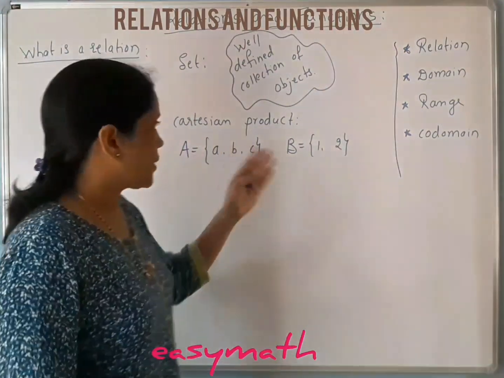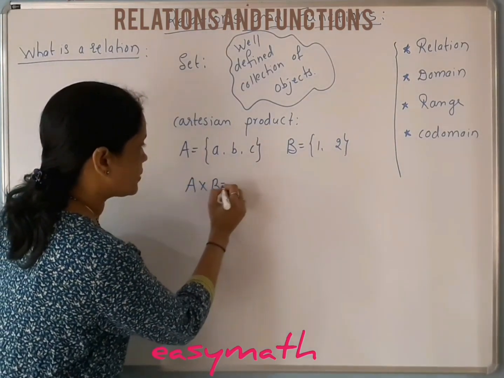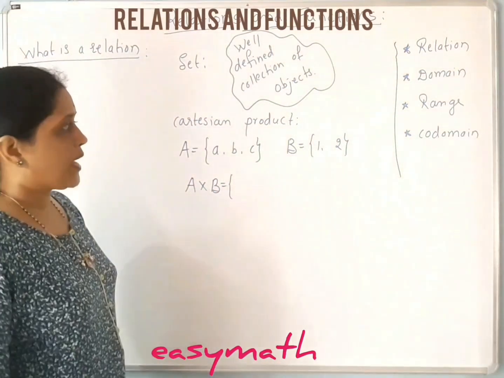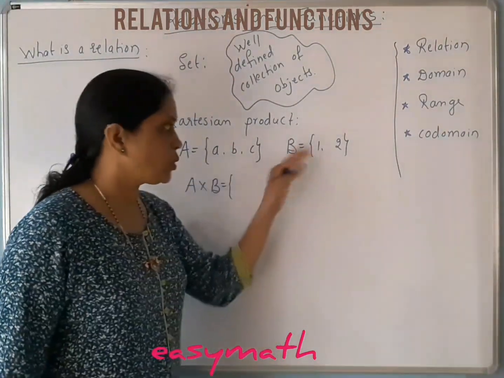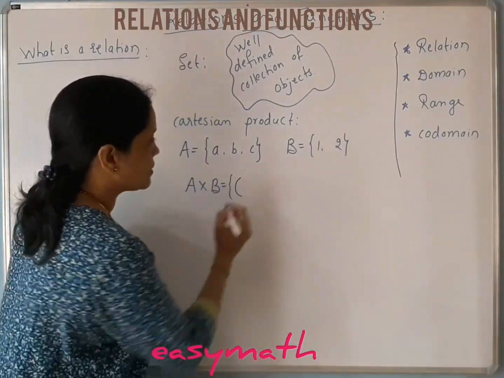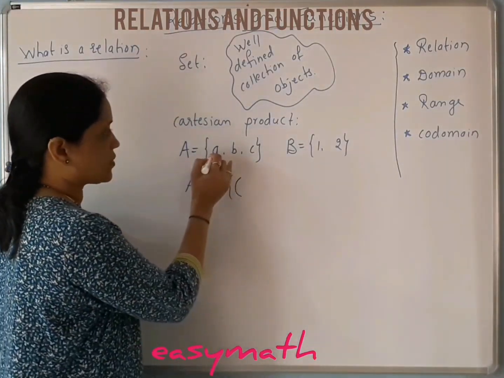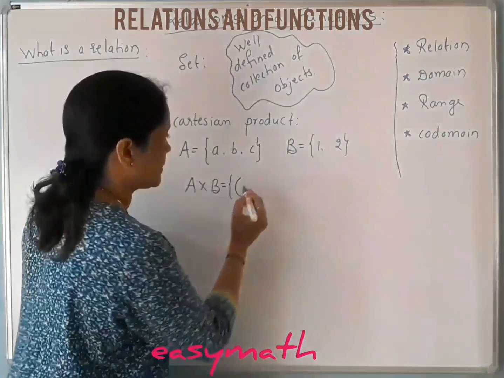The Cartesian product of these two sets is represented by A cross B. We have to write down all the possible ordered pairs from A to B. In ordered pairs, the first element of the ordered pair is from the first set and the second element of the ordered pair is from the second set.